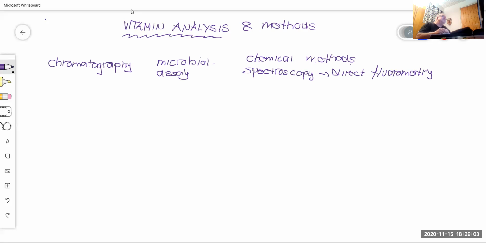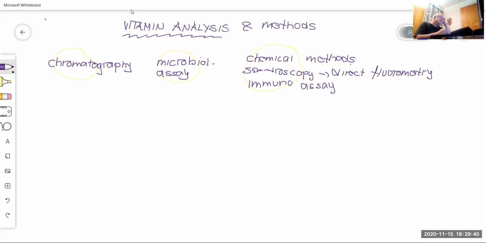Let's say these different immunoassays. So this is like the 3 different categories. Let's say that you have a chromatography, microbiological assay, and then like the others.